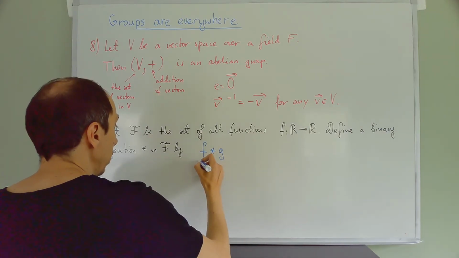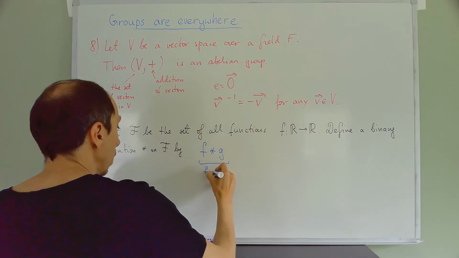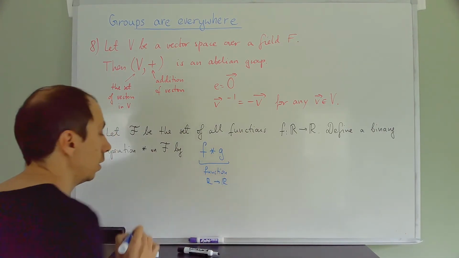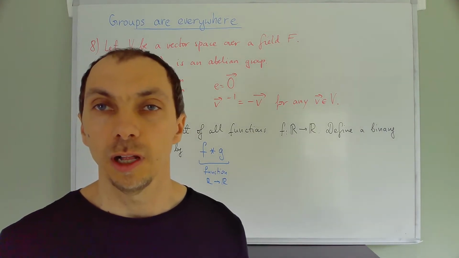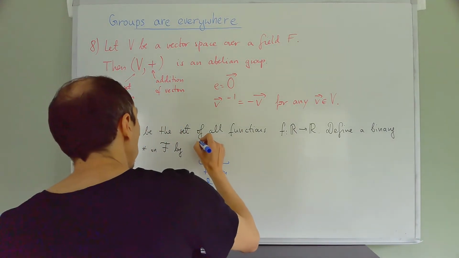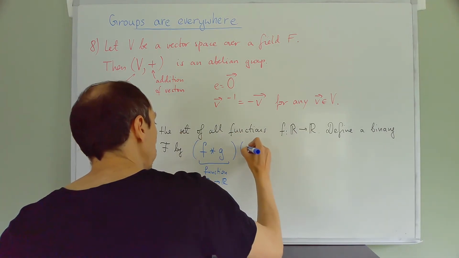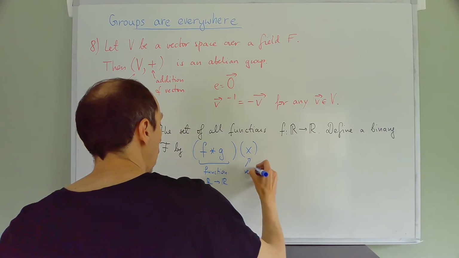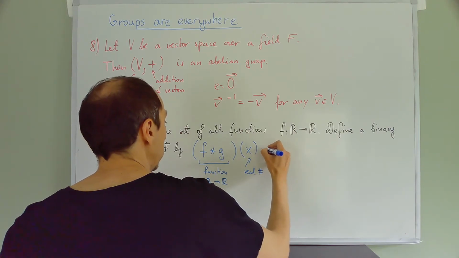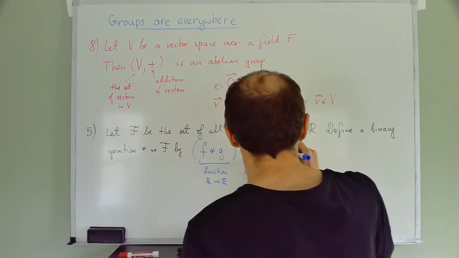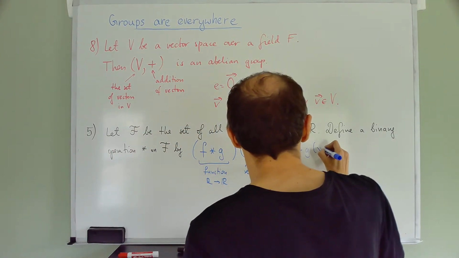Okay, so this is supposed to be a function from R to R. So how do you define a function? Well, you just tell me what it does to a number, to a real number. So when I apply it to a number x, I define it to be, this colon means I'm defining it, as f of x plus g of x.